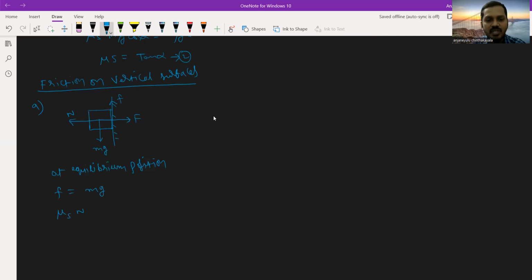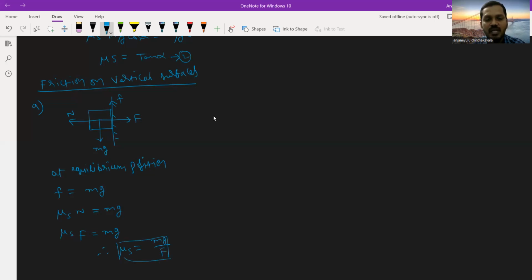Then the static frictional force is equal to mg, so mu s into N. But from the diagram clearly, the normal reaction N is equal to the compressional force against the wall. Then in place of N we can substitute F, so mu s F is equal to weight mg. Therefore, the coefficient of static friction mu s is equal to mg divided by force F.